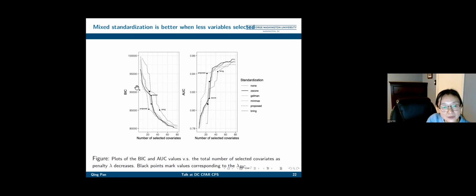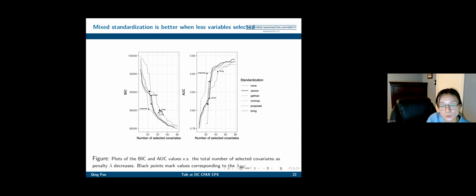You can see that the proposed method, in general, if you have the same number of covariates selected, we are the lowest or the highest, except in the end. But we're not going to go to that tail. Those dots are the cross-validation results where we select.